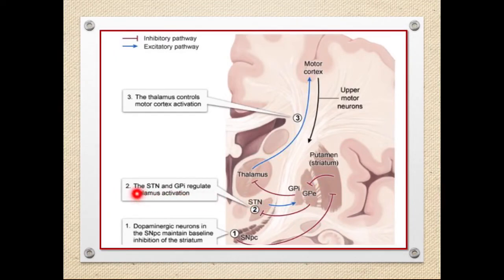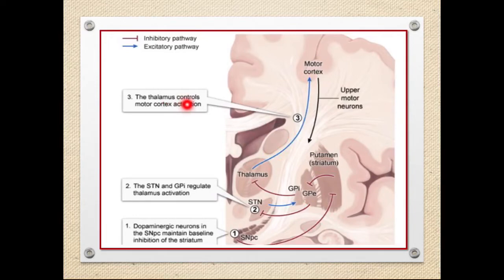So second part, we can say the subthalamic nucleus and globus pallidus internus, they regulate the thalamic activation. From the globus pallidus internus it goes to the thalamus, and from the thalamus it will enter into the motor cortex.